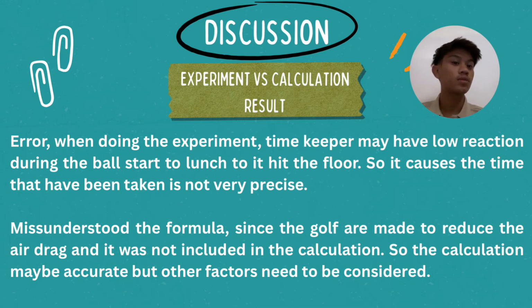So that's human error. And number 2 is misunderstanding the formula. Since the golf ball is made to reduce air drag and it was not included in the calculation, the calculation may be accurate but other factors need to be considered.